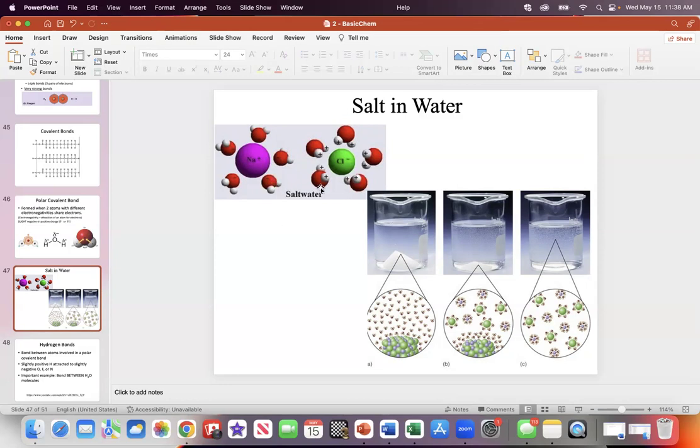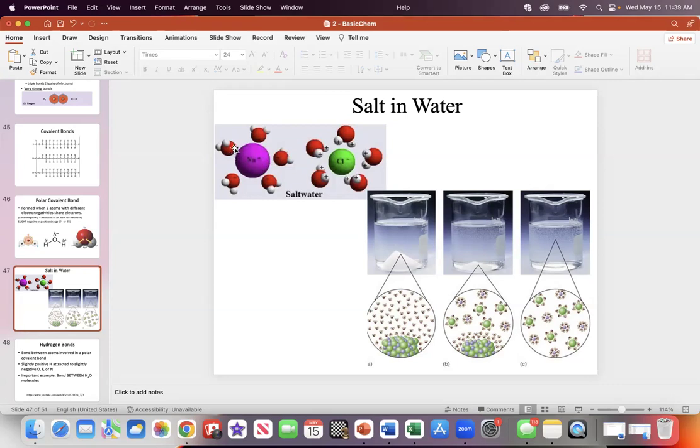And the reason is, well, water is polar. These kinds of molecules we call polar molecules because the electrons are not equally shared. And this covalent bond is called a polar covalent bond. When you have a polar molecule, well, sodium chloride likes to stay in the ion state.